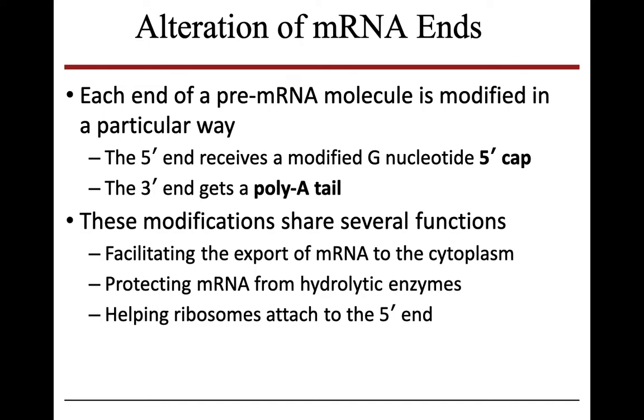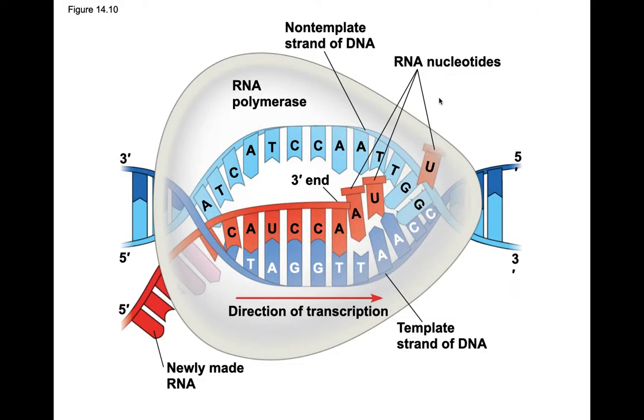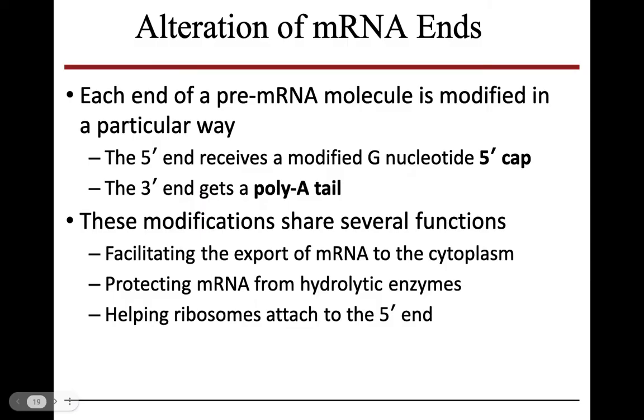Now, in terms of eukaryotic modifications, mRNA molecules are modified in a variety of ways. The 5' end, which is going to be the initial end, is usually going to get a modified G nucleotide cap. And this generally is a modified guanine that assists in protecting that side of it.